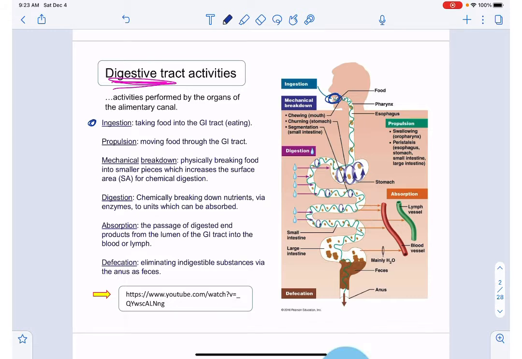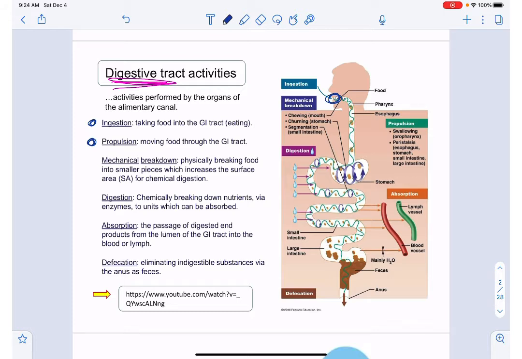The next digestive activity is propulsion. And propulsion is the act of moving food through the gastrointestinal tract. All right, we ingest this food and we have to keep it moving as it goes all the way through the GI tract.